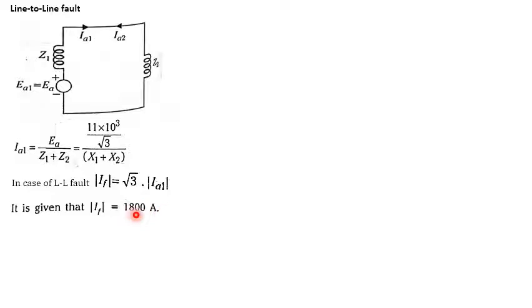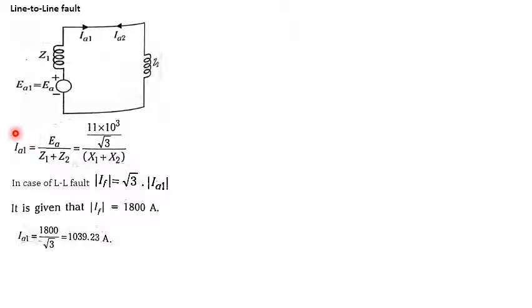Substitute this 1800 amperes here, so IA1 becomes IF divided by root 3. IA1 is nothing but 1800 divided by root 3, and we will get 1039.23 amperes.